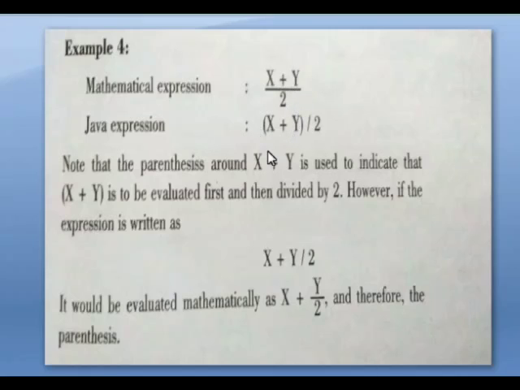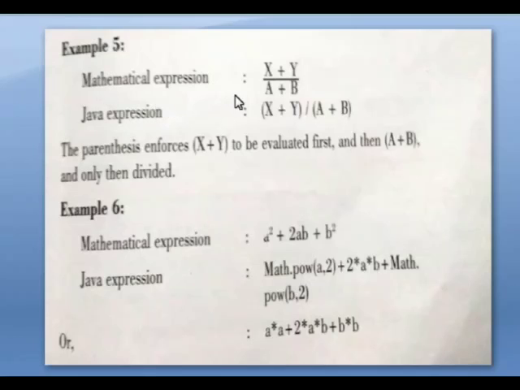Example number 5: the mathematical expression is x plus y upon a plus b. So x plus y is inside the bracket, and a plus b is also inside a bracket. The next one is the mathematical expression a square plus 2ab plus b square.